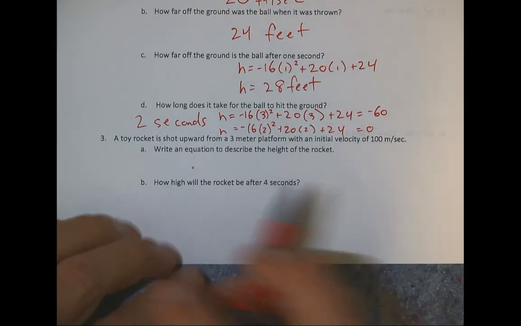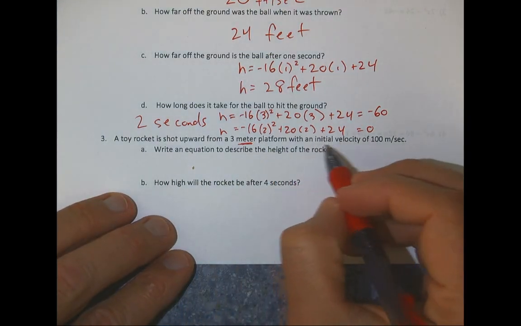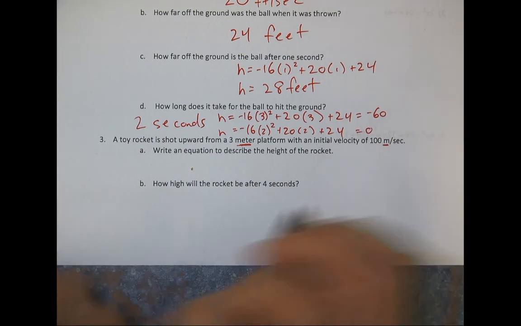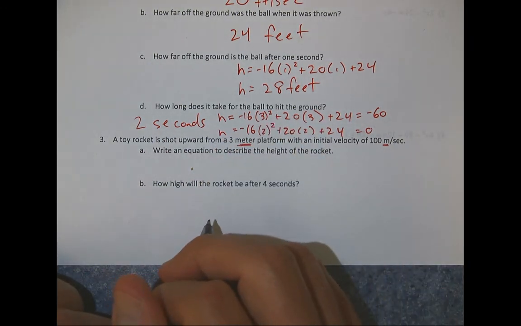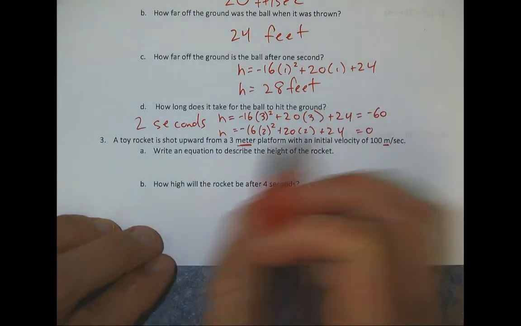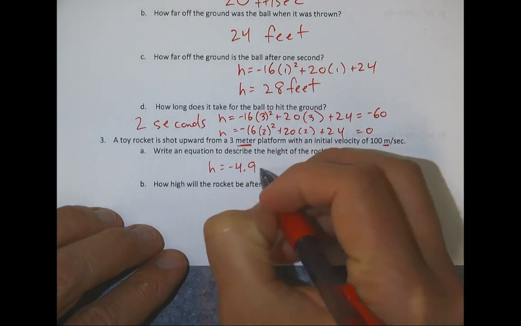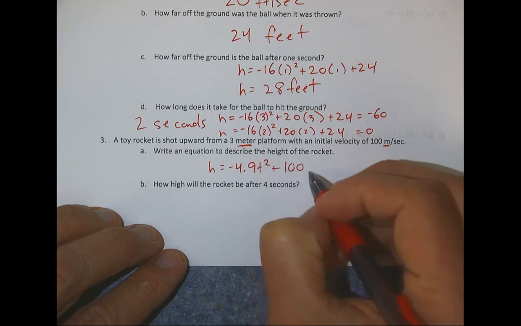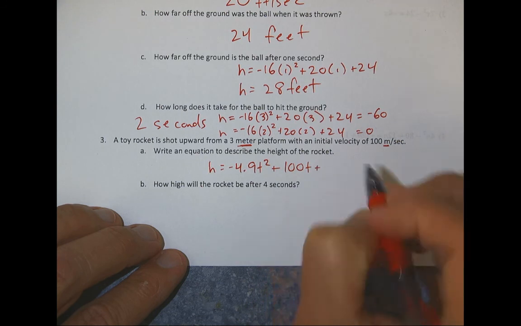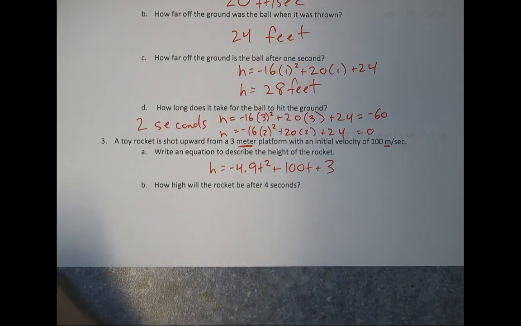Okay, number 3, a toy rocket is shot upward from a 3-meter platform with an initial velocity of 100 meters per second. So now we need to make sure we don't use that negative 16. We are using the negative 4.9. So write an equation to describe the height of the rocket. h equals negative 4.9 t squared plus the initial velocity of 100 times t plus the initial height, which is 3.